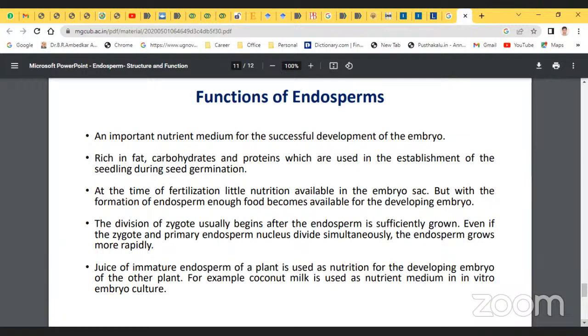So one more is the aleurone layer in cereals. In cereals, the endosperm is of the free nuclear type. It is generally starchy and dry at maturity. The fully differentiated endosperm of cereals shows transfer cells, embryo surrounding cells, starchy endosperm cells, and aleurone layer.